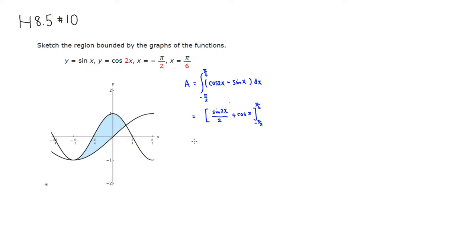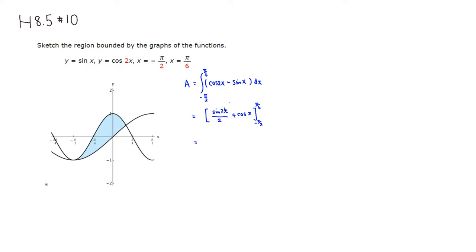So this is going to be equal to, if you plug in negative pi over 2, it's going to be plugging in negative pi. Sine of negative pi is actually 0. Actually, sorry, I messed that up. We have to plug in the top number first, so pi over 6. If you plug in pi over 6, you have pi over 3 because you have to multiply by 2.